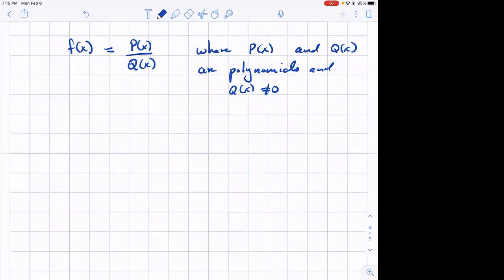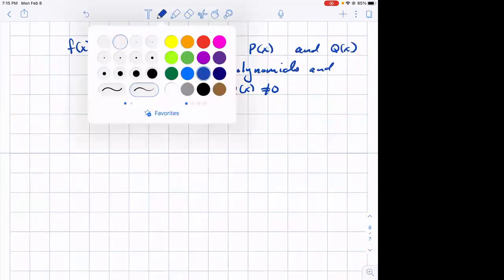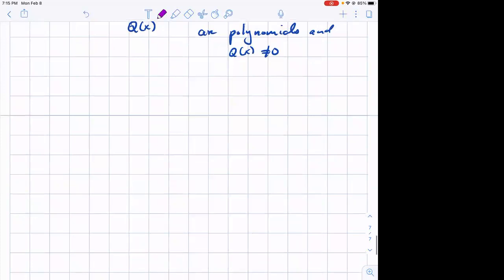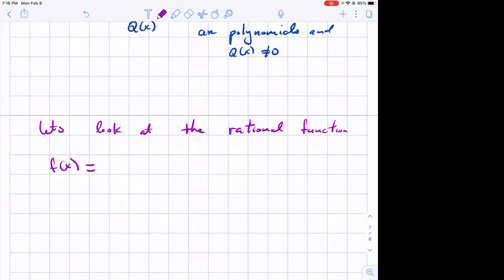For example, let's look at the rational function f of x equal to x minus 1 over x plus 2.